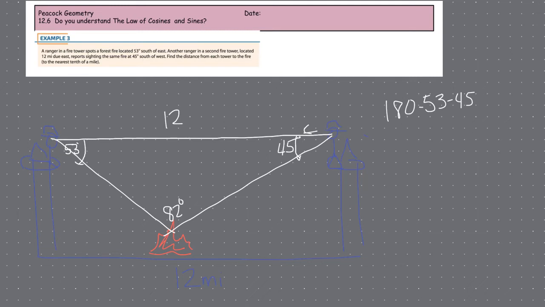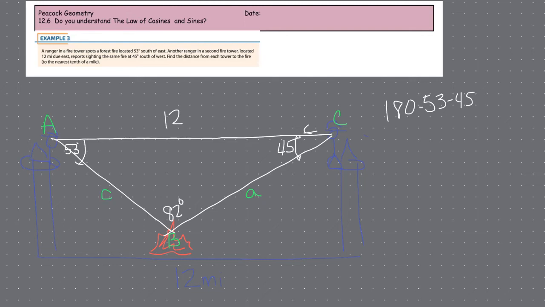If I want to label this triangle, I'm going to call this Ranger A. We're going to call this guy Ranger C. And we're going to call the fire B. Well, we know little b is 12. We don't know what side A is, and we don't know what side C is.